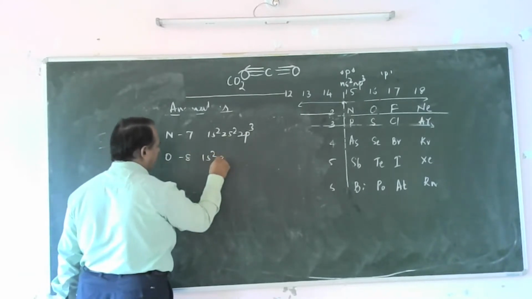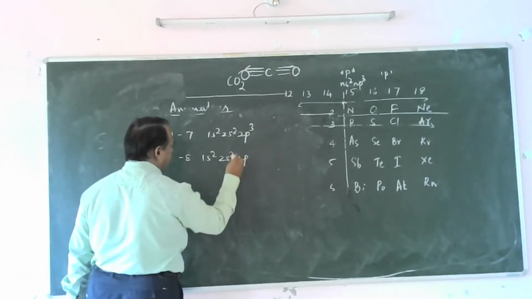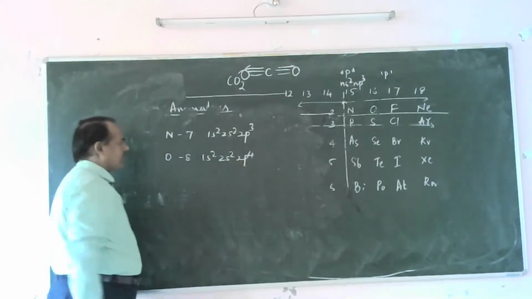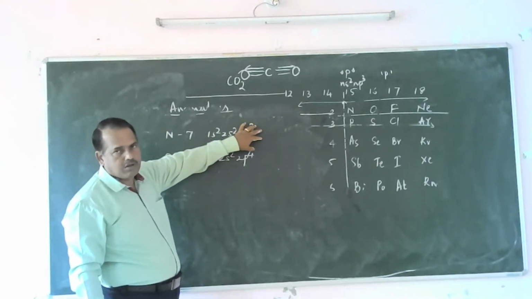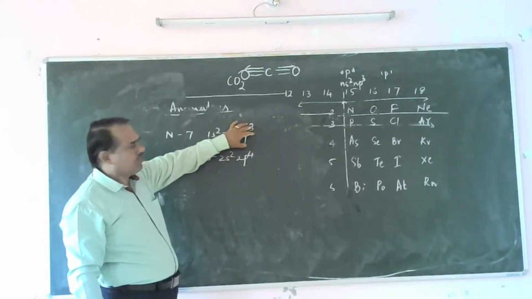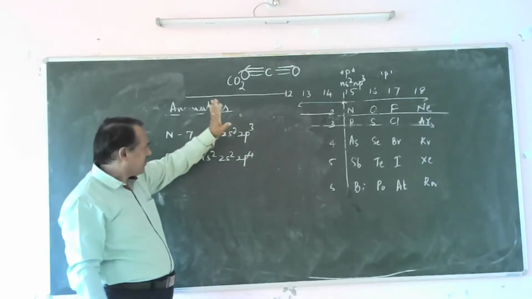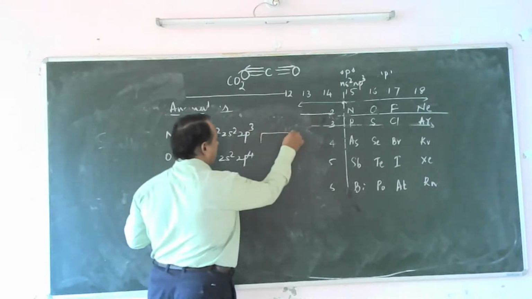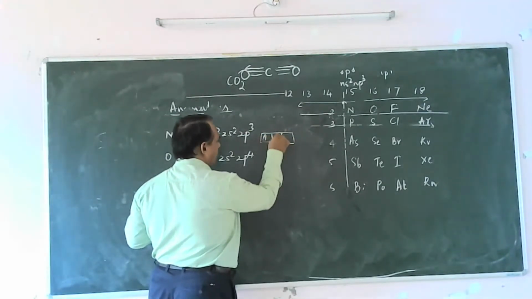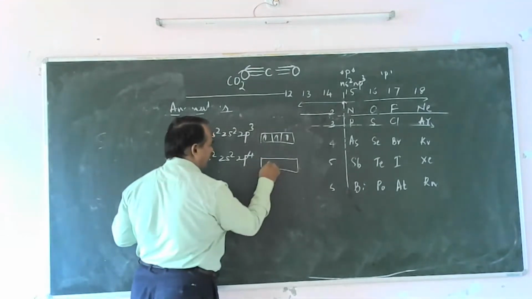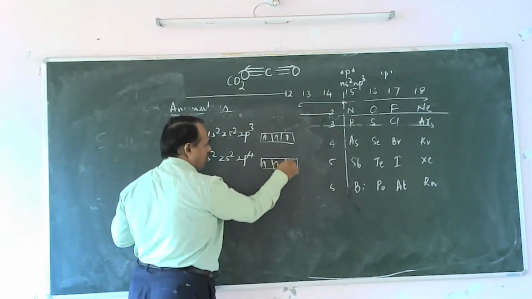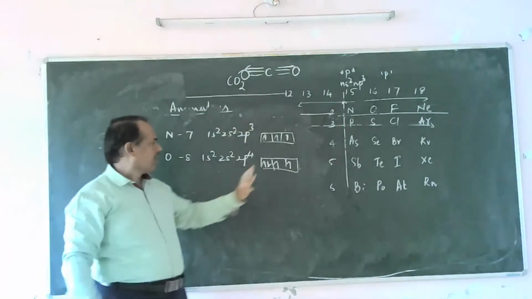Oxygen is 1s2, 2s2, 2p4. As nitrogen is a half-filled configuration, it is very difficult to remove an electron because it has a saturated content. All three orbitals contain one electron each. In the 2p orbital of oxygen, one orbital is paired.